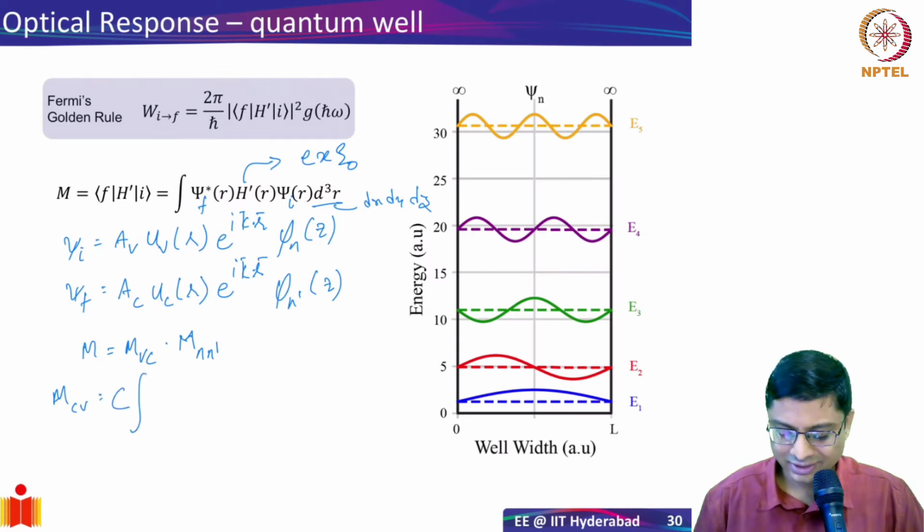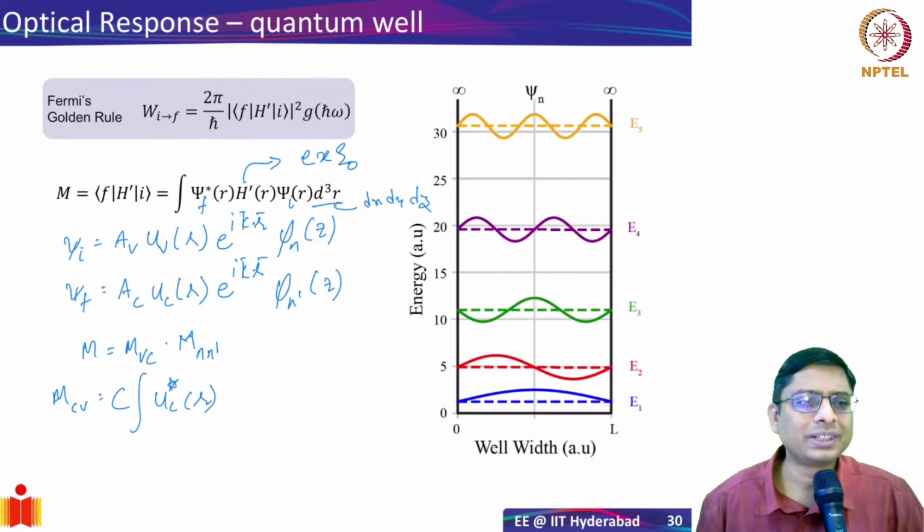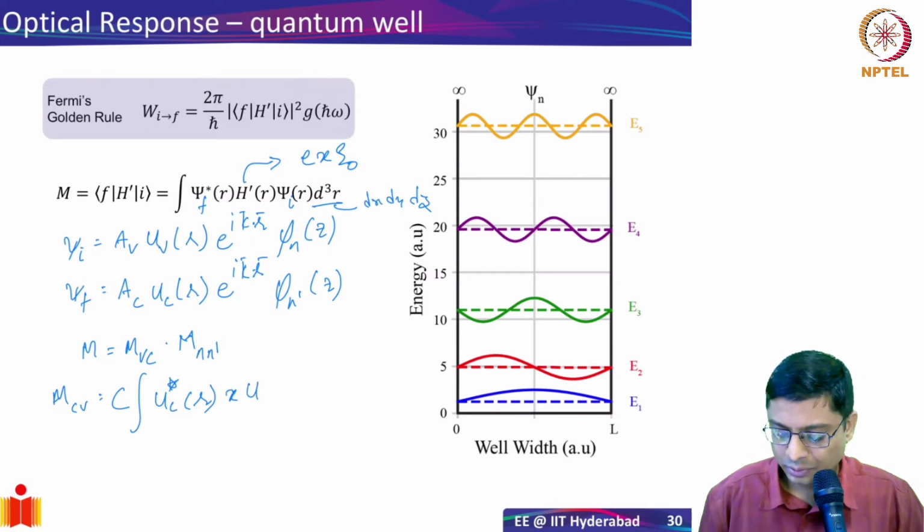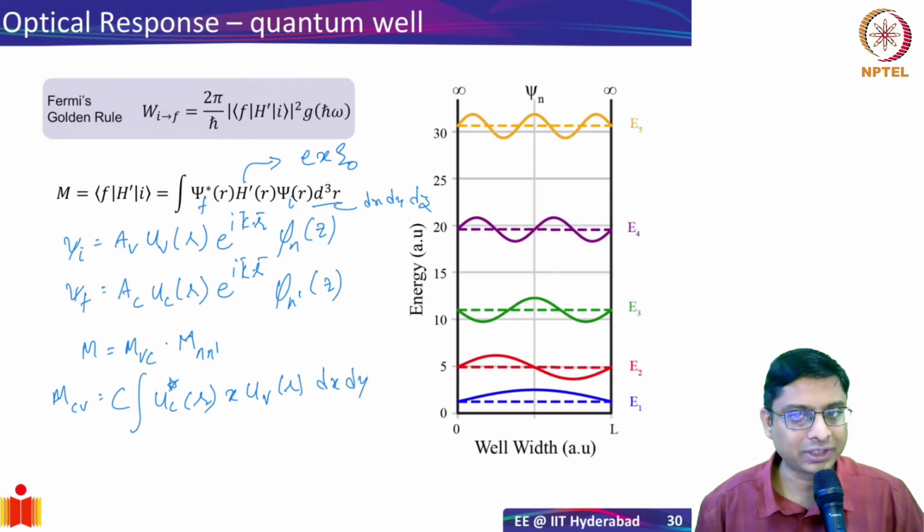And then the envelope function, the final state is going to be my conduction band, so u_c star of r. And let's say I'm assuming for a moment the x direction is my electric field, and then u_v of r dx dy. This is the one part of the integral.